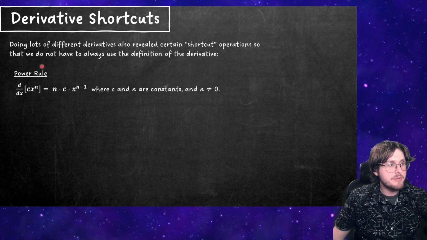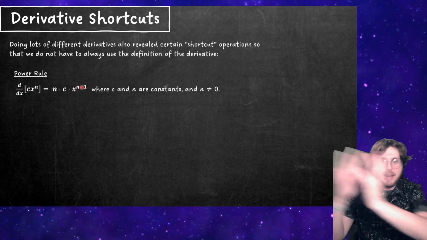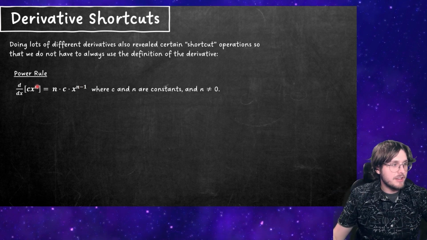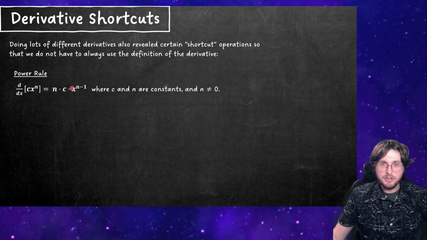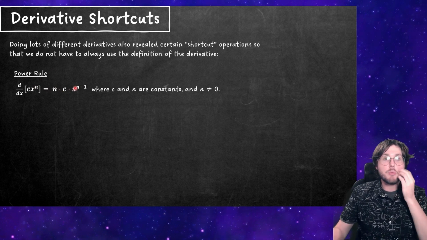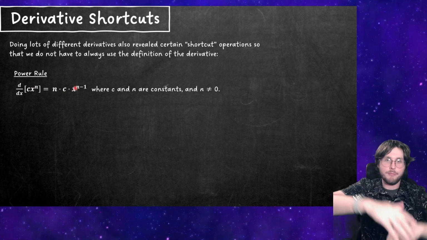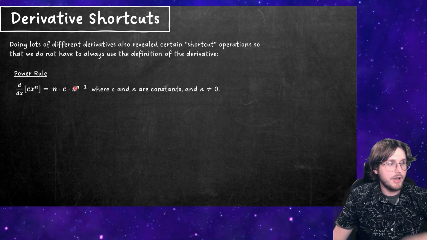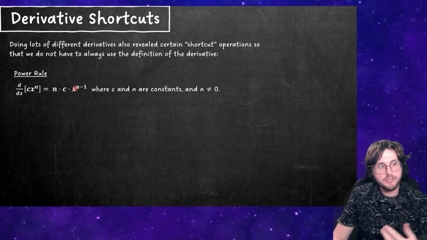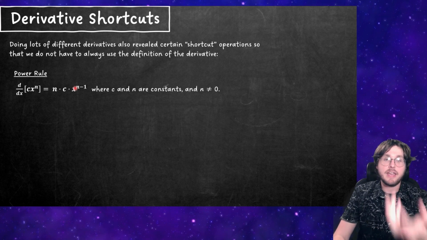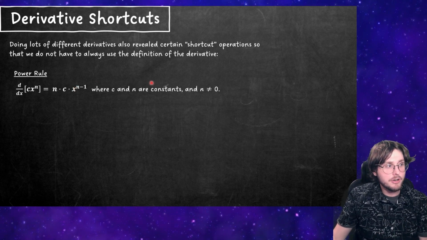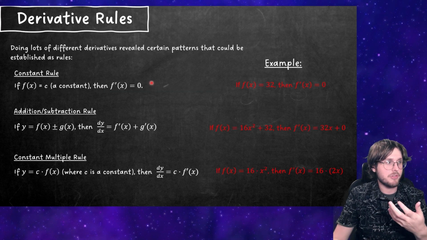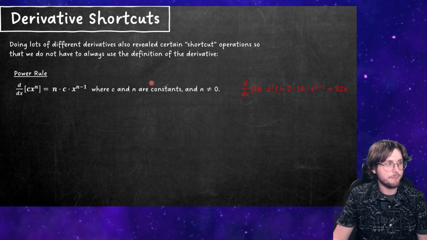So when you apply a derivative to this function, the output of that derivative machine is you take the n, multiply it out front next to the c, and then whatever exponent you had on x, you subtract that by 1, where c and n should both be constants in this case, and n cannot be 0. If n is 0, then you have a constant value, and effectively that just becomes the constant rule from before.